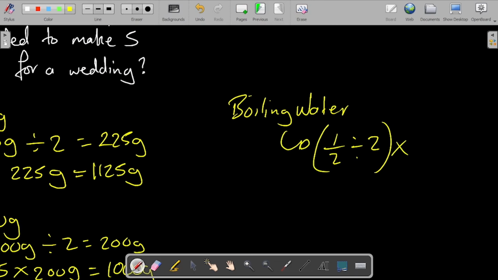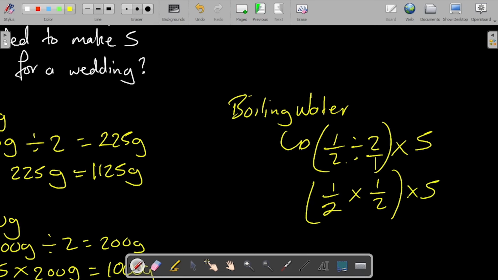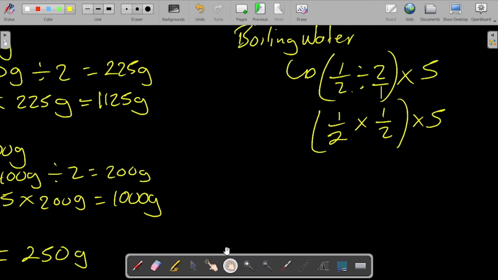Then for the half cup boiling water, we say half divided by 2, and then we multiply that by 5. So half divided by 2 is the same as half multiplied by 1 over 2, because this 2 is 2 over 1. We change the division to a multiplication sign, and then we flip the fraction to the right of the division sign. So half times a half, put that in brackets, times 5. Half times a half is a quarter, or 1 over 4.